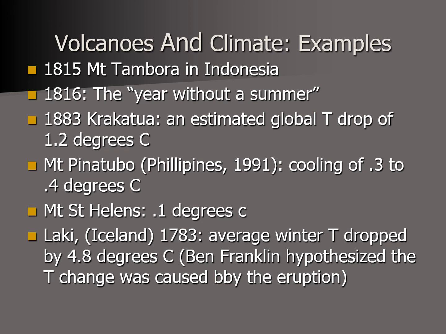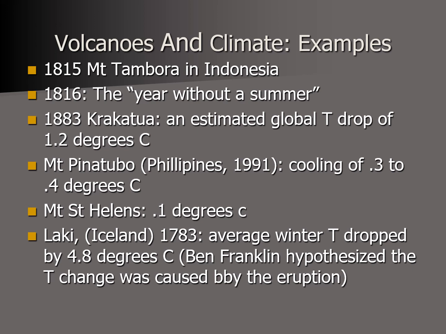Their summer didn't act much like a summer. It was colder than it should have been. 1883, Krakatoa, which they say was the loudest sound modern humans have ever heard. Estimated global temperature drop of 1.2 degrees Celsius. Mount Pinatubo in the Philippines, 1991, cooling of 0.3 to 0.4 degrees Celsius.